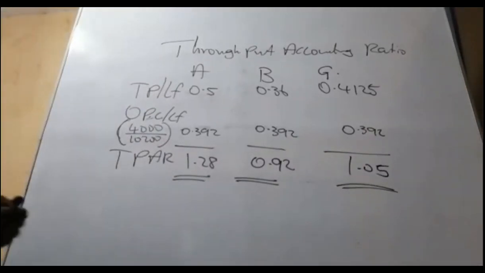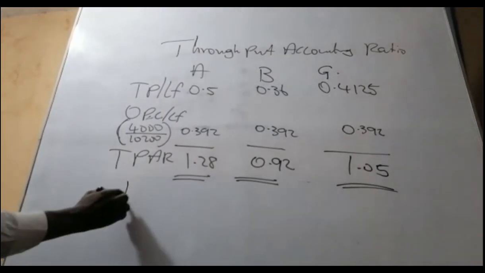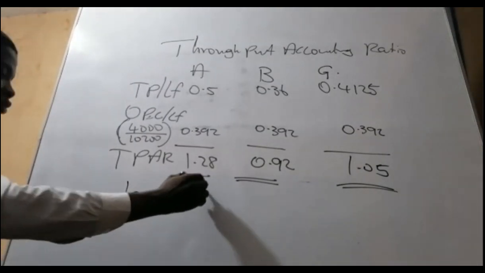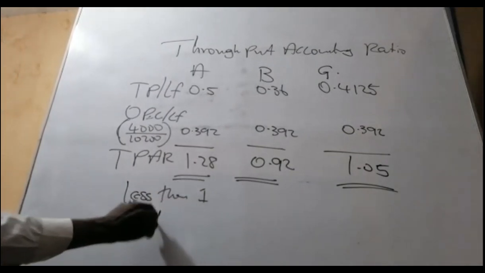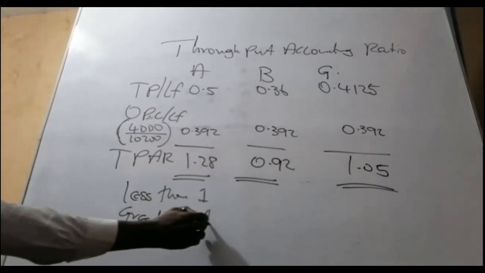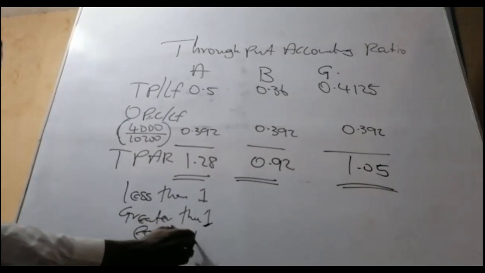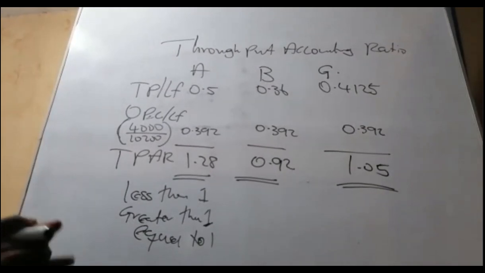Now we said that the answer will be in 3 folds. The answer will be either less than 1, greater than 1, or equal to 1. Each of them has a meaning.